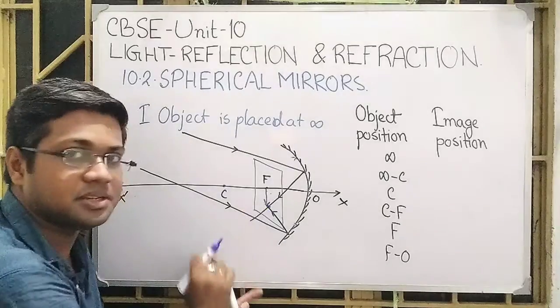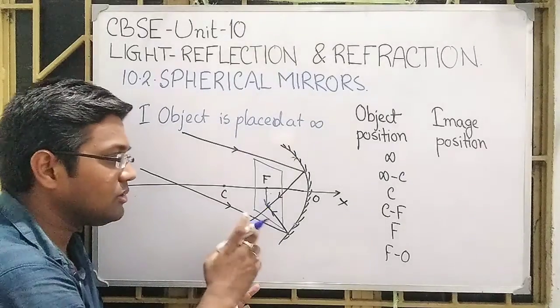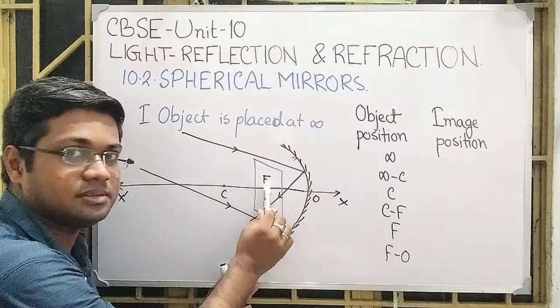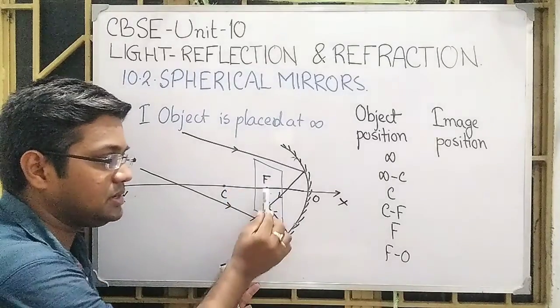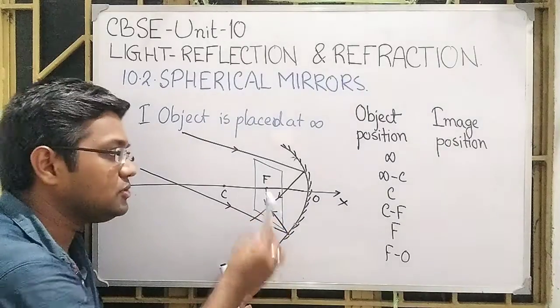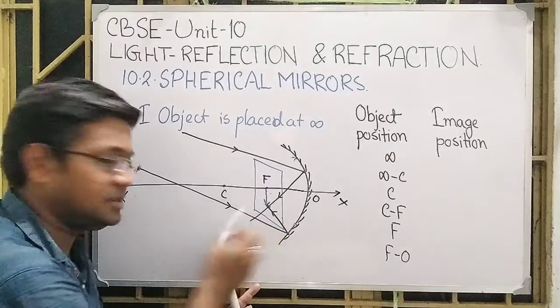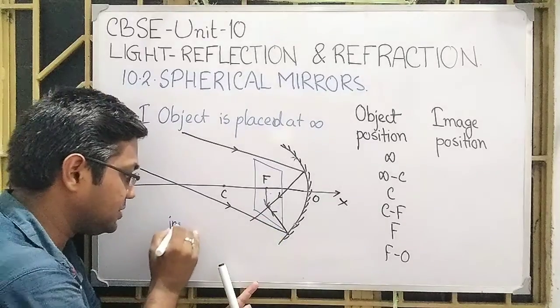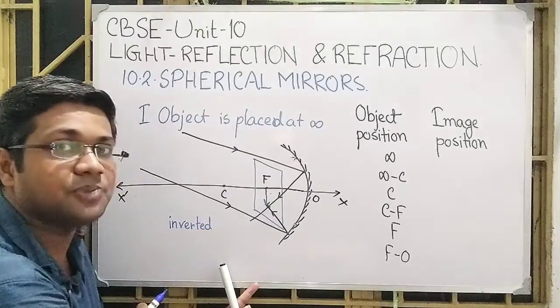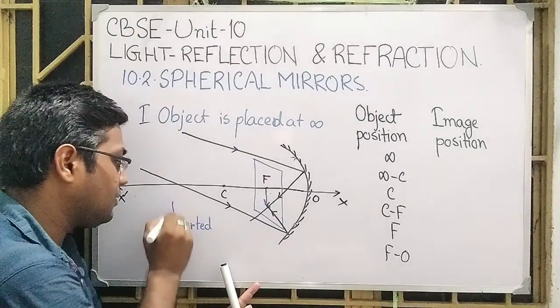This is the image here. So the image is on the downside of the x-axis like this. Okay. So we can say the image is inverted. First characteristic of the image: inverted. Where it is formed: focus.